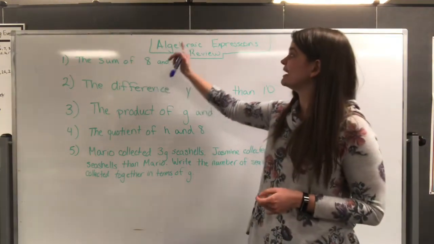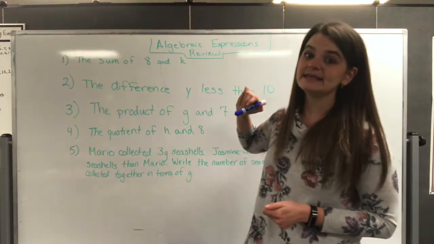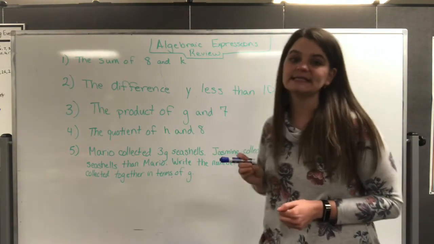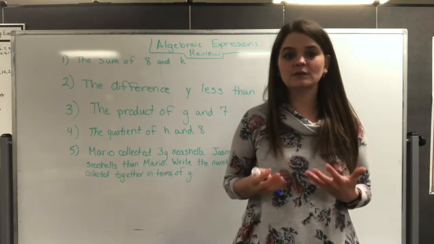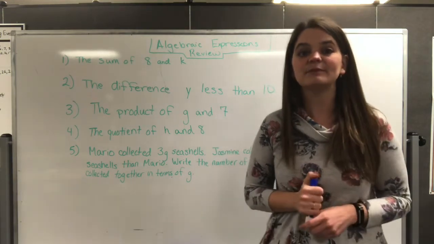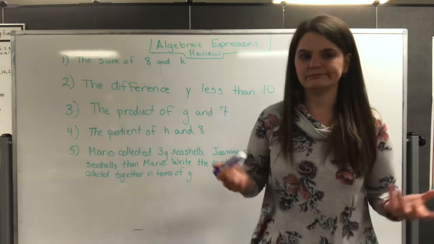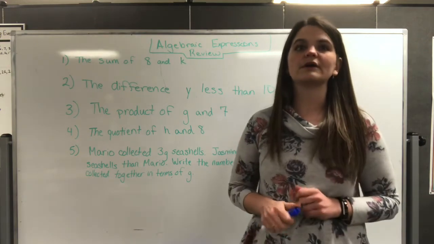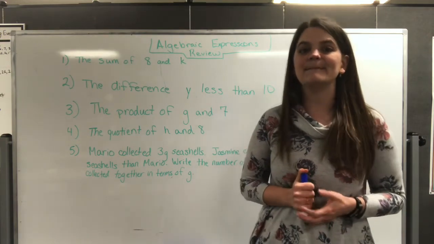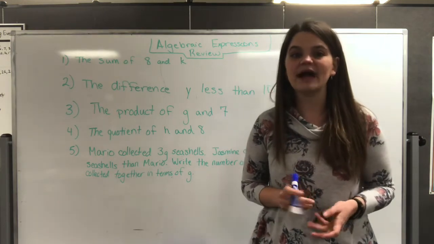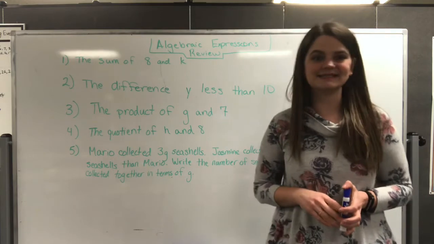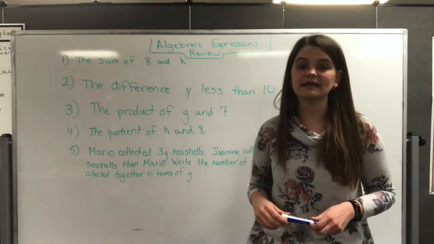So remember, an algebraic expression is a number sentence or words that do not include an equal sign in it. 7 plus v, or 9 minus w, w plus 25. Any of those are expressions because they don't include an equal sign in them.